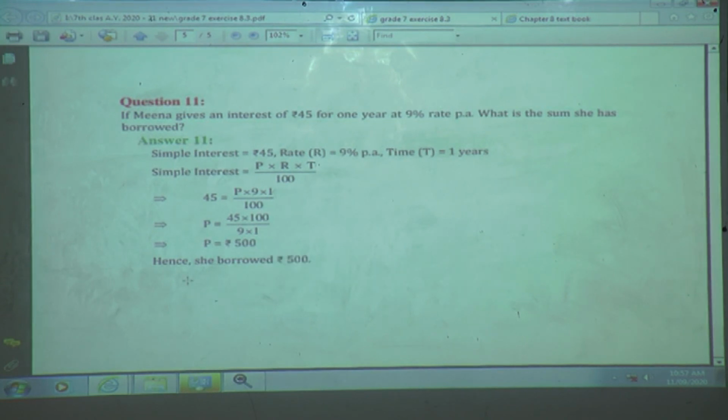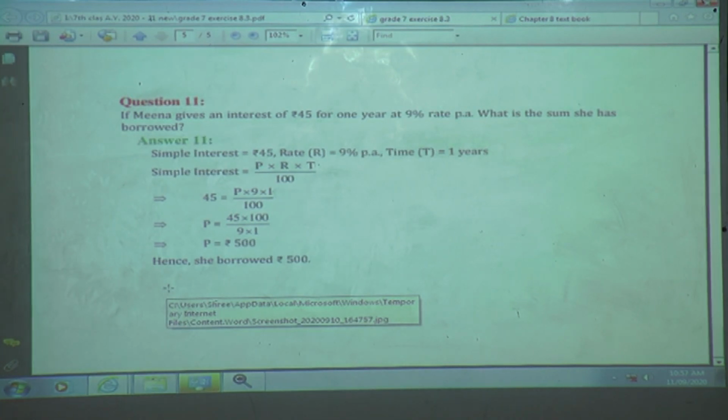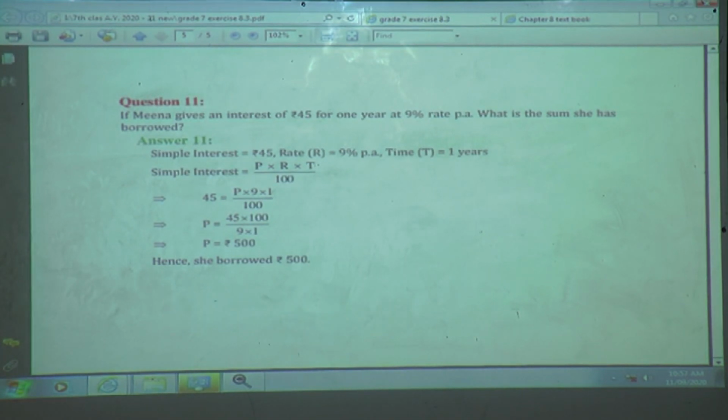Hence she borrowed rupees 500 from the bank, paying an interest of rupees 45 at the rate of 9% for 1 year. So the amount she borrowed was 500, and what she has to pay is 45 rupees extra for 1 year when the rate of interest was 9%.